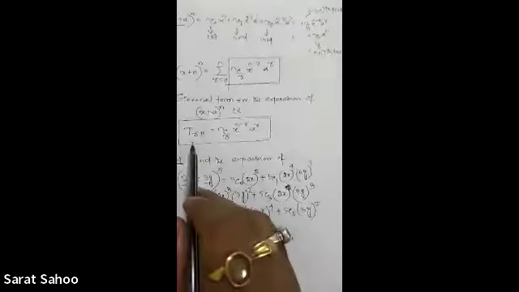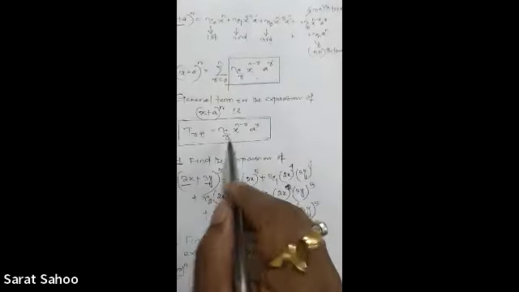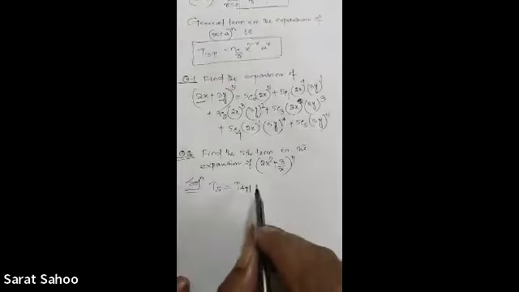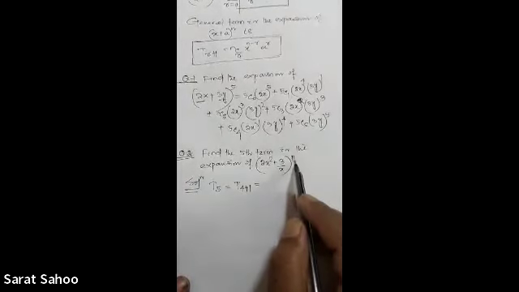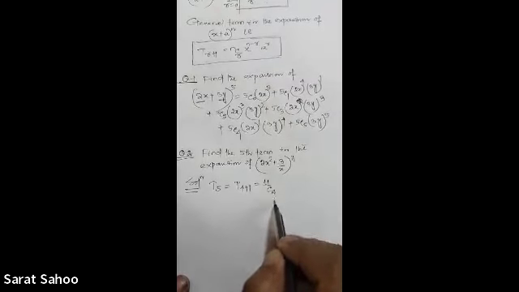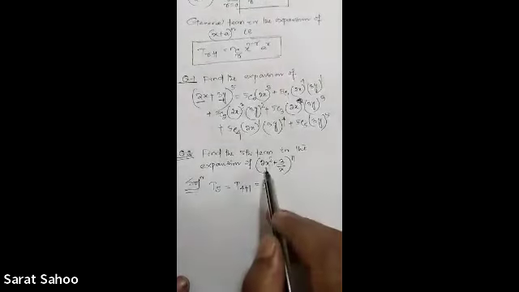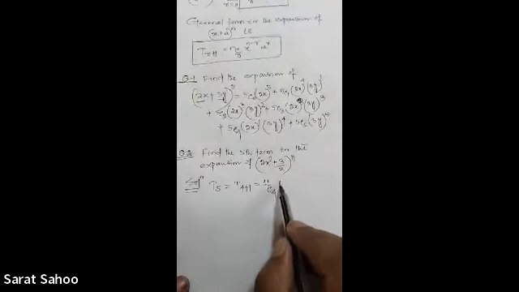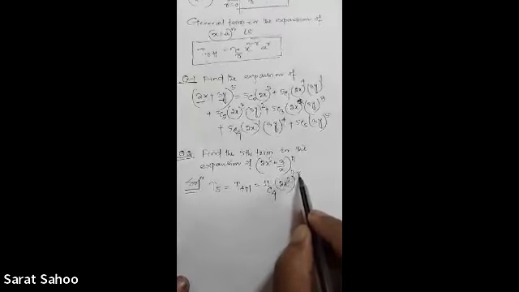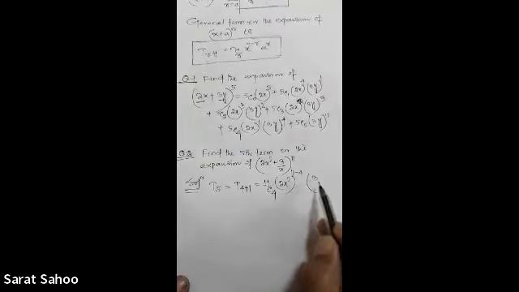You know, Tr plus 1 is equal to nCr, x to the power n minus r, a to the power r. So T4 plus 1 is equal to, what is n? n is equal to 11. 11C4. Here in place of x, 2x square is there. (2x square) to the power 11 minus 4 into (3 upon x) raised to the power 4.